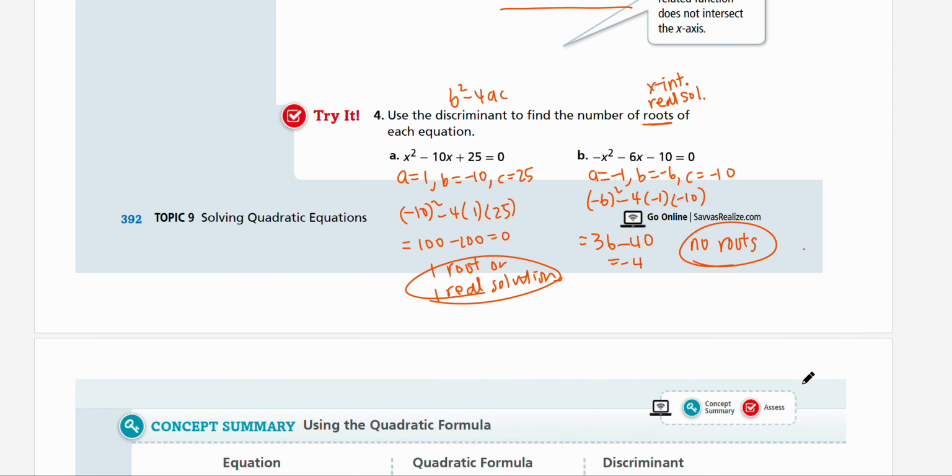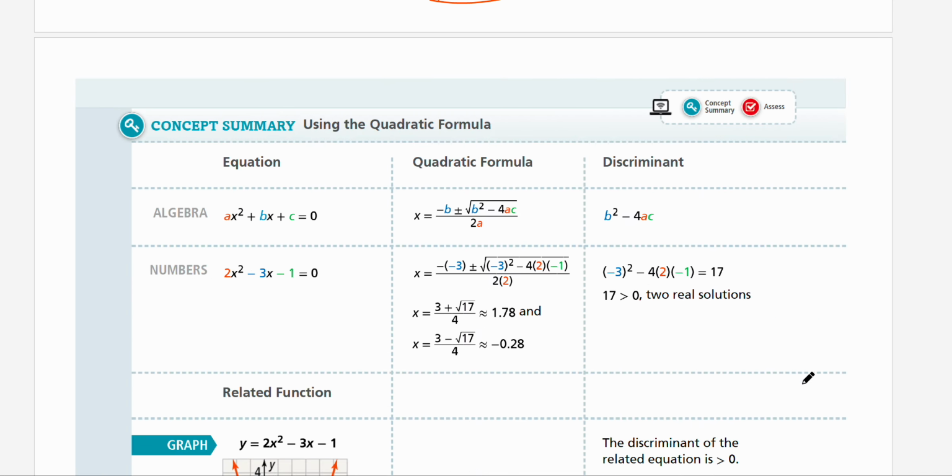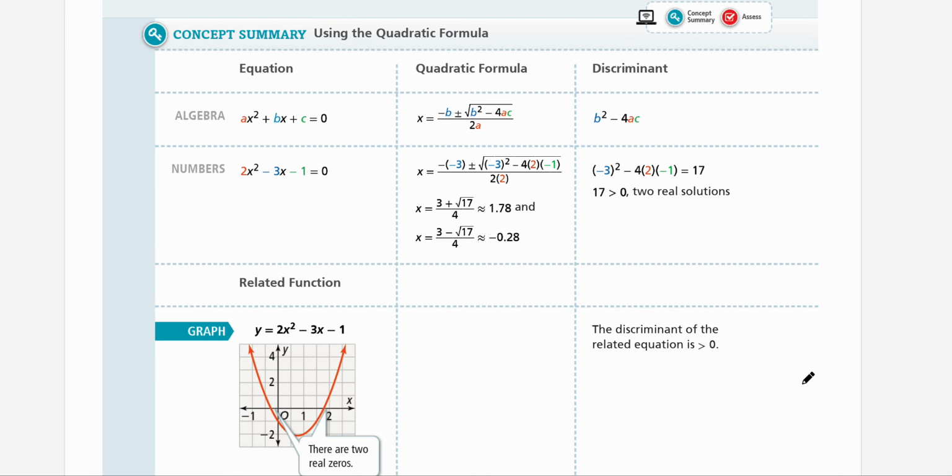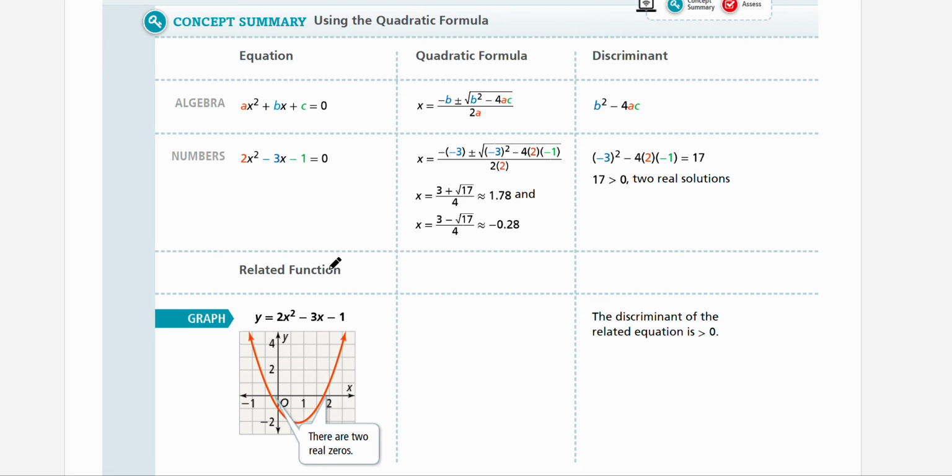Okay, good. So that's all for this lesson. Using the quadratic formula was all we did. We started with exploring the different quadratic equations and seeing what type of answers we have, right?